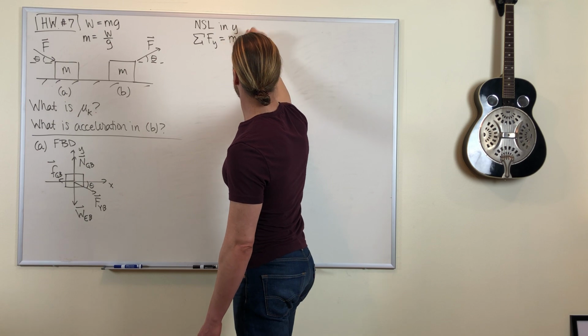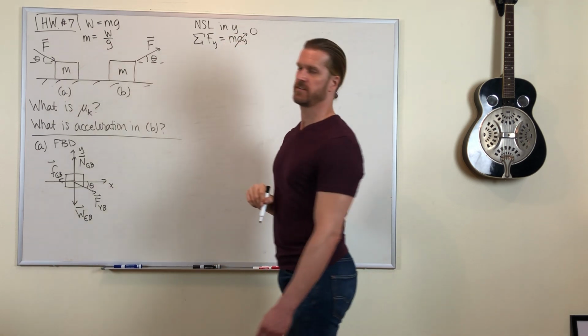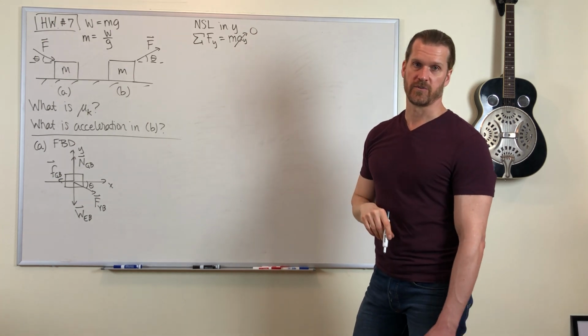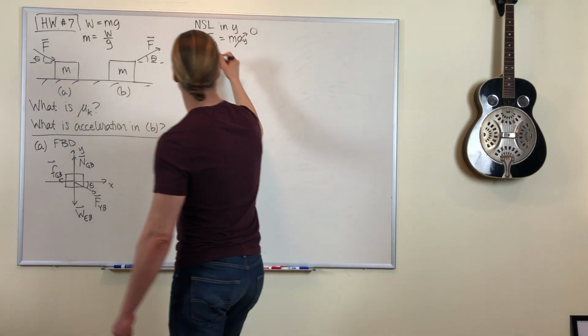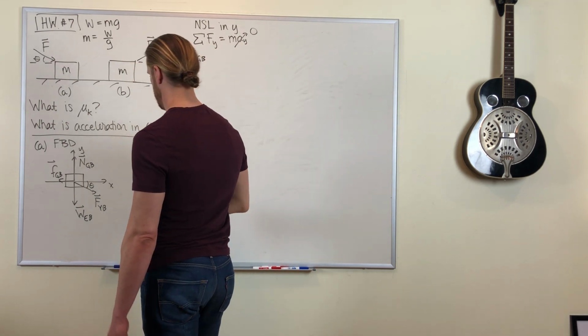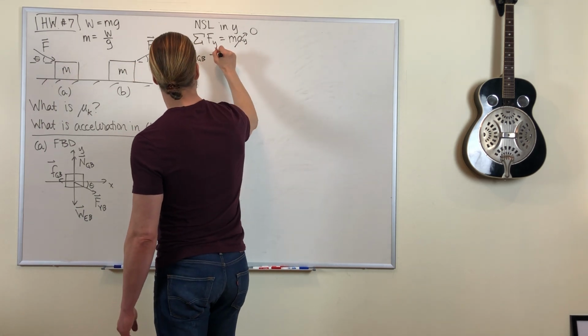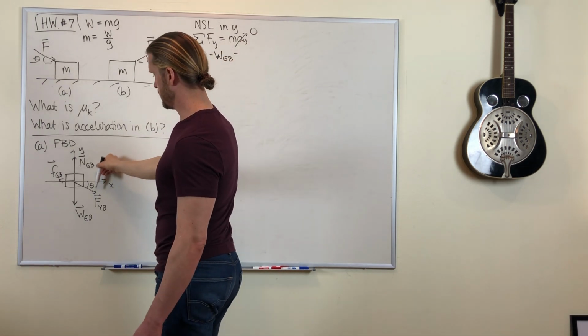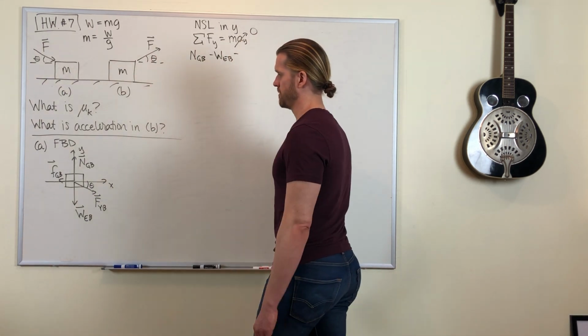This box is not accelerating in the y direction. It's not moving up or down, so the right-hand side of that equation is 0. We've got normal force, and we've got gravity, and we have the y component of that push.